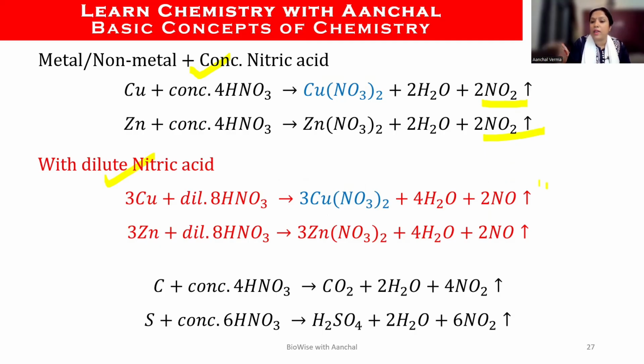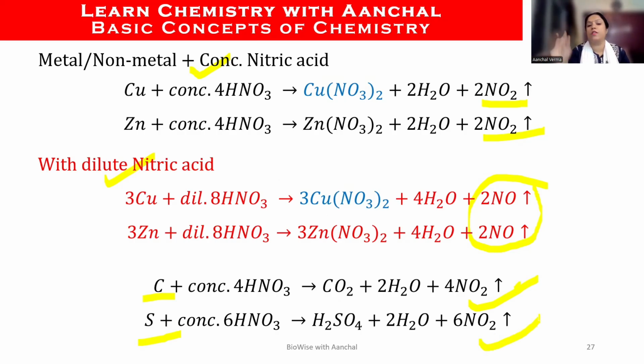In case of dilute nitric acid, NO, that is nitrogen monoxide, nitric oxide is formed, not nitrogen dioxide. And the non-metals like carbon and sulfur, when they react with concentrated nitric acid, you have the formation of carbon dioxide, water, and the reddish brown gas, which is nitrogen dioxide. Okay, the difference between the reaction of concentrated nitric acid and dilute nitric acid is to be known.